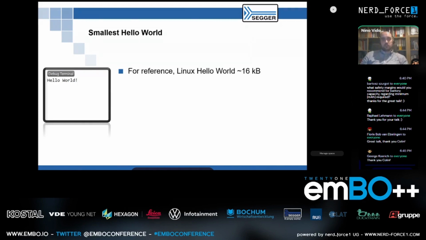So for reference, we took, for example, the Linux Hello World, which of course will use the GNU toolchain. And if you just use, I think we did this with Ubuntu. And if you just compile your C code, where you just do a printf hello world, the resulting program will have 16 kilobytes roughly in size.